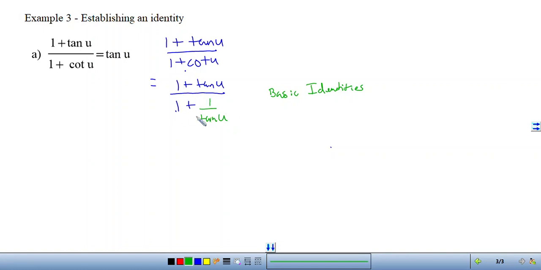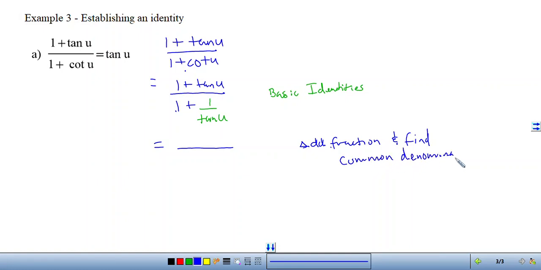Okay, so now what you want to do once you do that is let's go ahead and try to add the fractions on the bottom. So you need a common denominator. So add fractions and find a common denominator. Okay, so on the top, we'll still have the same thing, 1 plus tangent u. On the bottom, the LCD in this case is tangent.